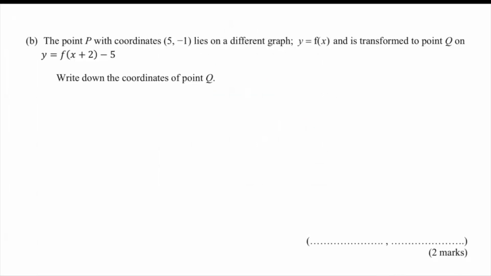So if we think about this question, we've gone in with the x and out from the x. Now, when you are in with the x on a translation like this, the opposite will actually happen. You will take away 2 from the x coordinate.